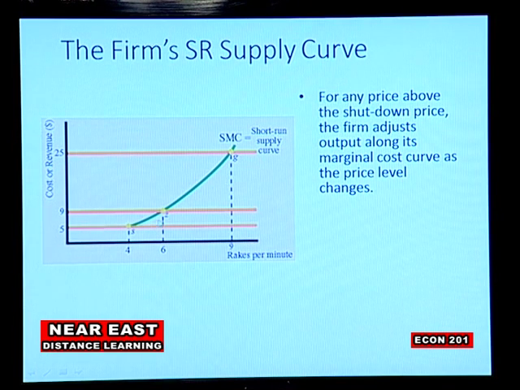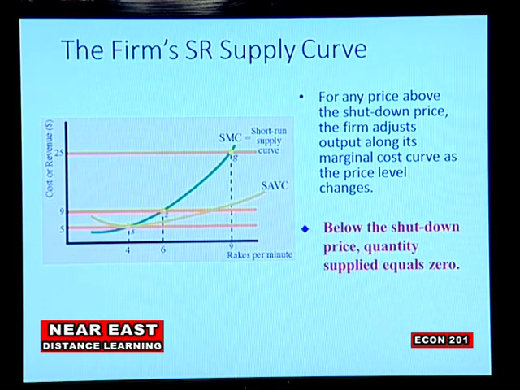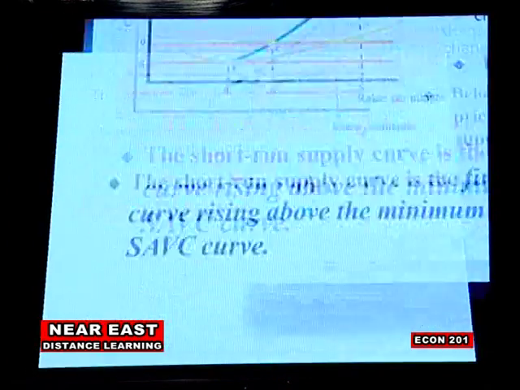When you sum all these, 4, 6, 9, it gives the short-run supply curve. So the short-run supply curve is nothing but the market supply curve. You can see that these are the plots of the short-run supply curve at different points, at 4, at 6, 7, 8. So it gives the short-run supply curve.